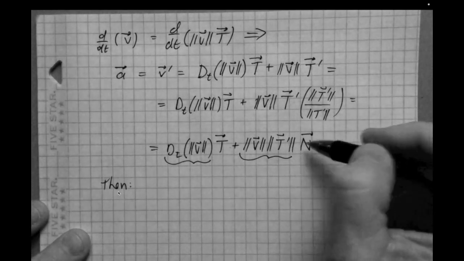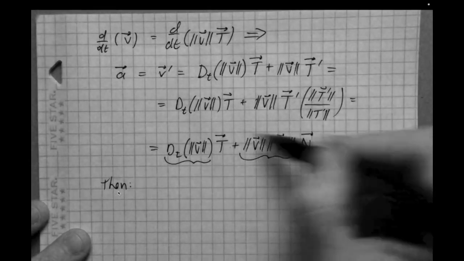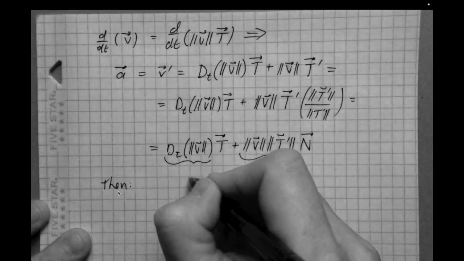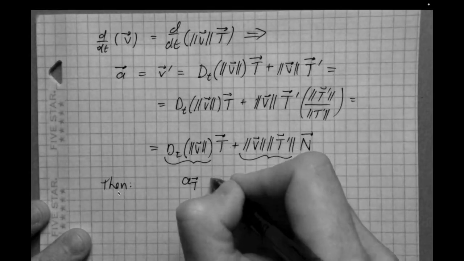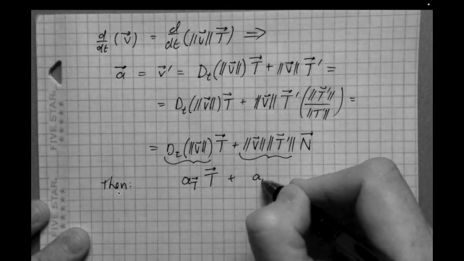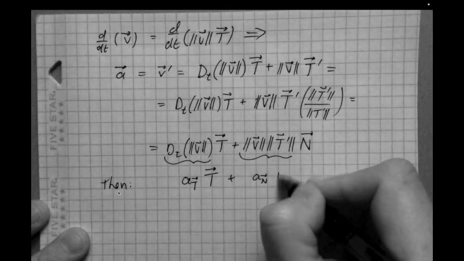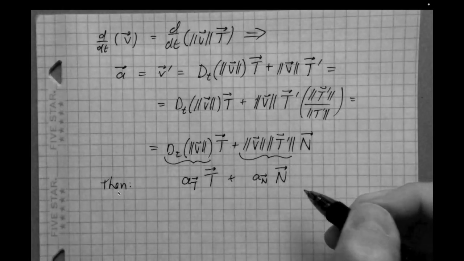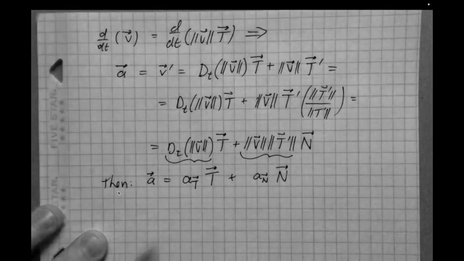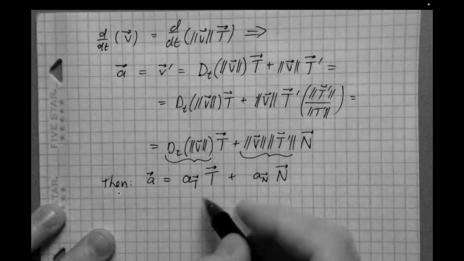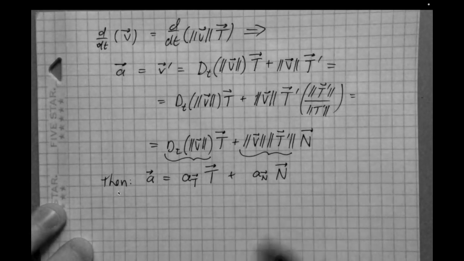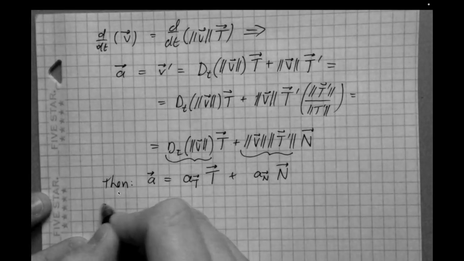The actual vector valued function is here and here, and basically this is what we're going to call a of T, and this here is what we're going to call a of N. We'll talk about what that means in a moment, but you can kind of think of them as constants. So what we've said is that acceleration is equal to this, and if we write it like this, a is clearly a linear combination of T and N.